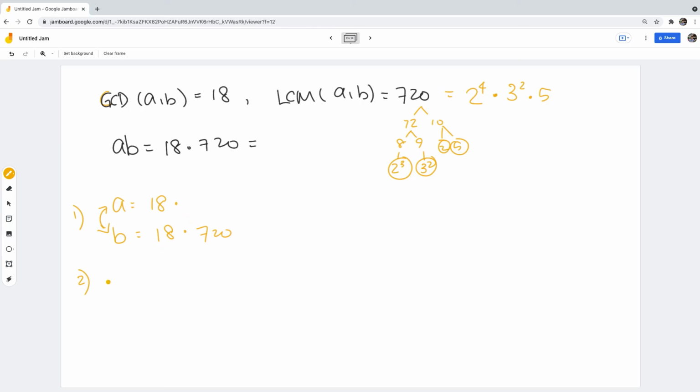So you can just separate this and multiply that by either number. I know A and B both have to be 18 times something, but different, because there's no other common factor than 18. So if you give 2 to the 4th power to one number, the rest of them can go to the other one.